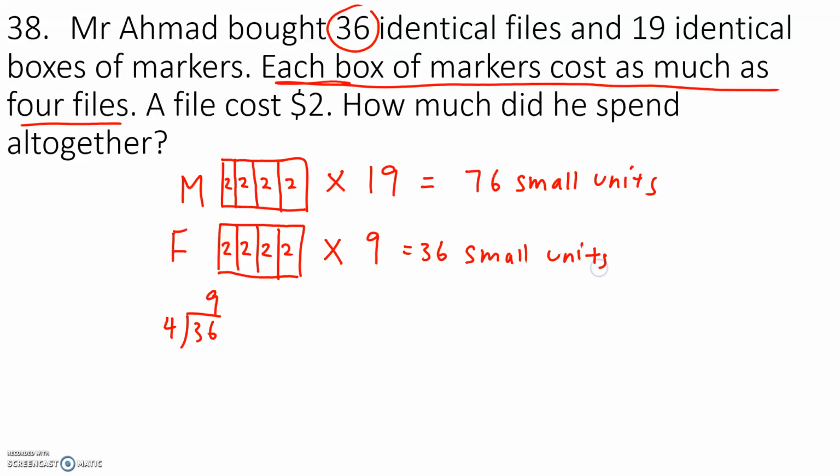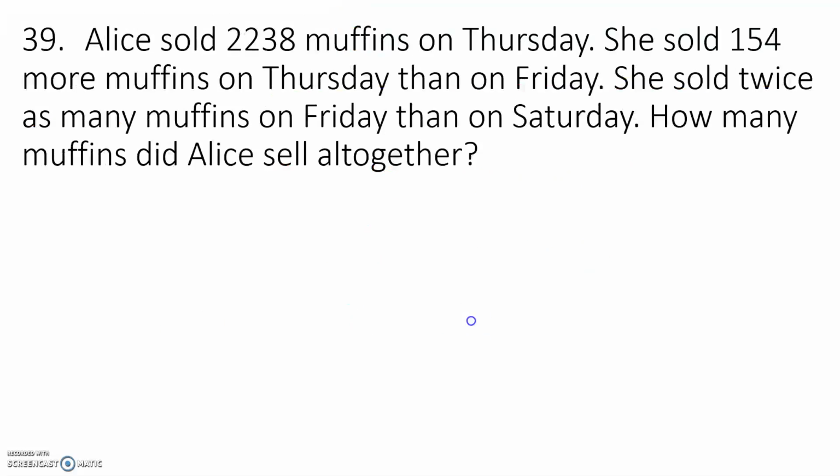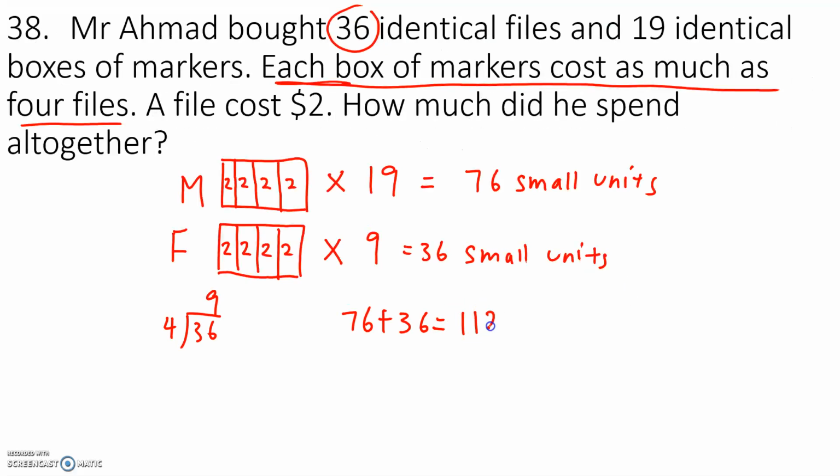Okay. So what happens is the total number of small units when I add it up together is going to give me 112. Okay, 112 units. And of these 112 units, 1 unit is $2.